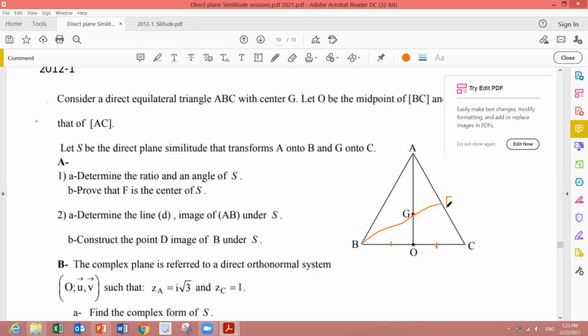Let S be a direct plane similitude that transforms A onto B and G onto C. Have you drawn the figure? Yes. Determine the ratio and the angle of S. What is the ratio and the angle of S?